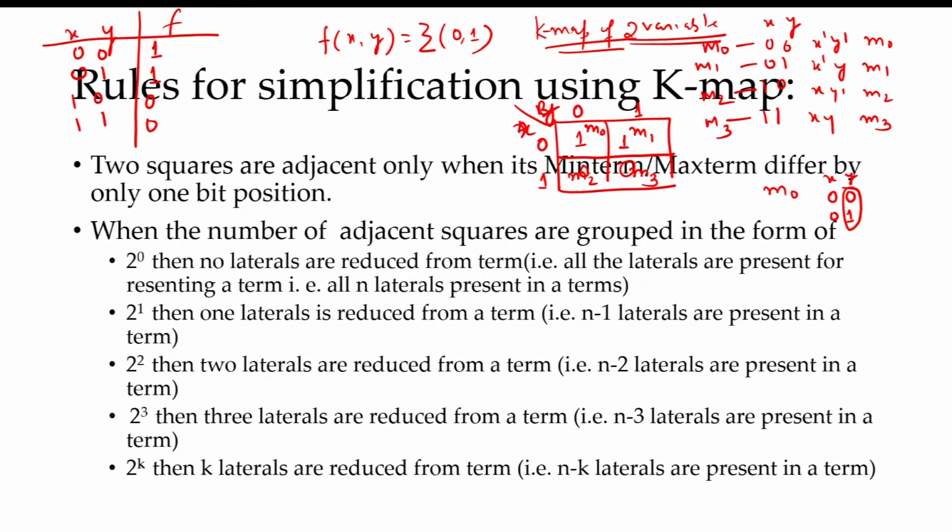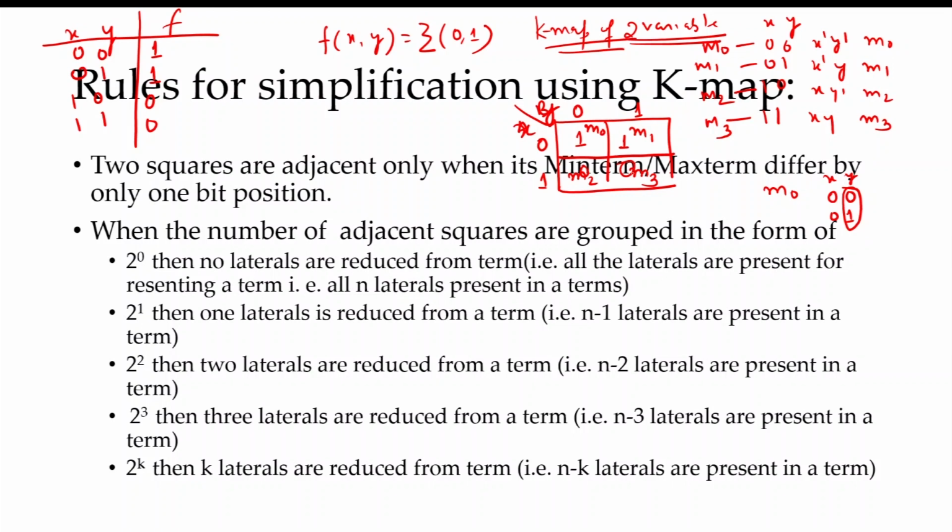We make a group of cells whose values are ones, and then we form a number of adjacent squares. Suppose like this 1 and 0, we do not make a group. Even though these are two adjacent squares, since this value is 1 and this is 0, we do not make a group with a 0.